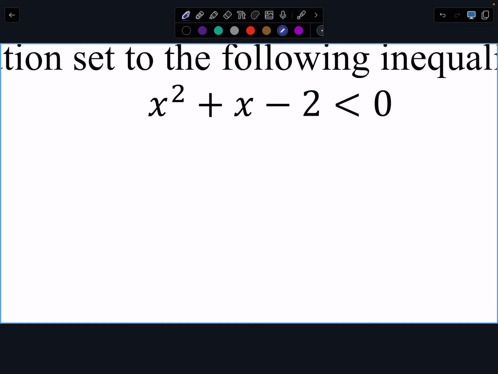You do want to get 0 on one side of the inequality, which is very familiar to us from our experience with solving equations, right? And then we want to think about what this represents. We want all the values of x that, if we plug them in, would give us a negative value.